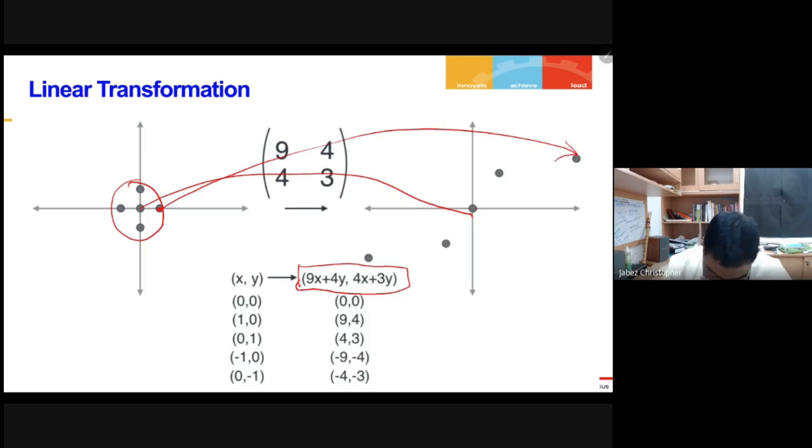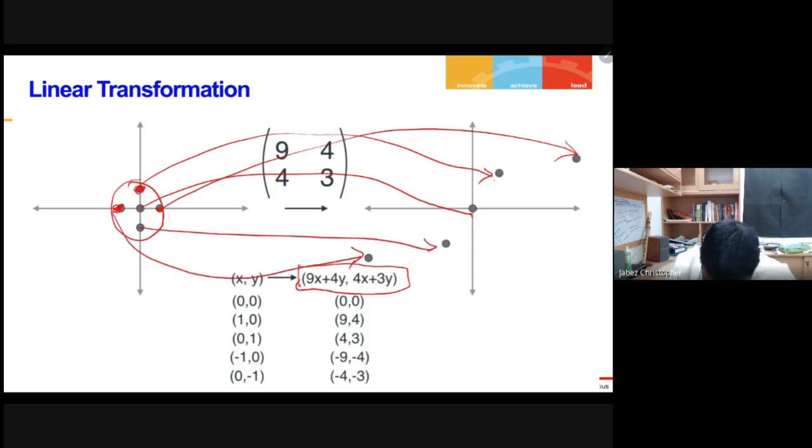And then 0 comma 1, this is the second point, and next is 0 comma 1, this point over here. 0 comma 1 goes to 4 comma 3, so it's somewhere here. And -1 comma 0 goes to -9, -4, that's over here, and the last one obviously goes over here.